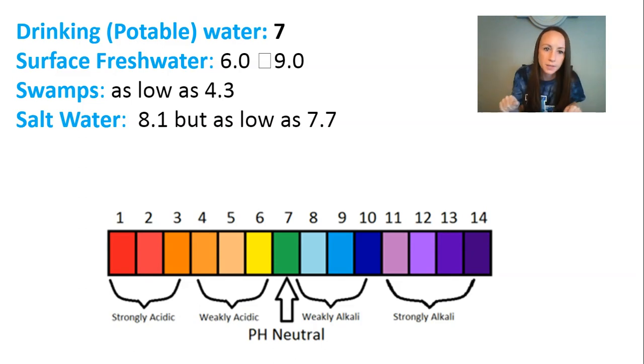It doesn't need to be a perfect 7. Swamps are going to be a little bit more acidic. You've got a lot of decaying leaves in there, and that decaying process is going to make the water a little bit more acidic. Salt water, like the ocean, it's okay for it to be a little bit more basic. But anyways, they want to be as close as possible to 7. 7 is good, neutral.